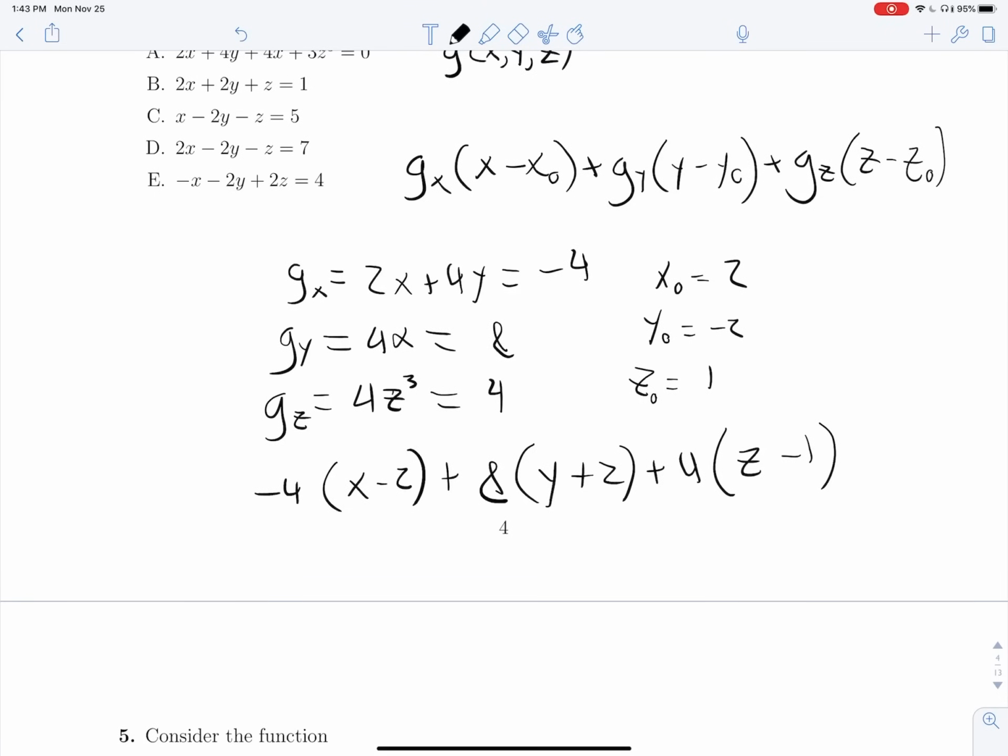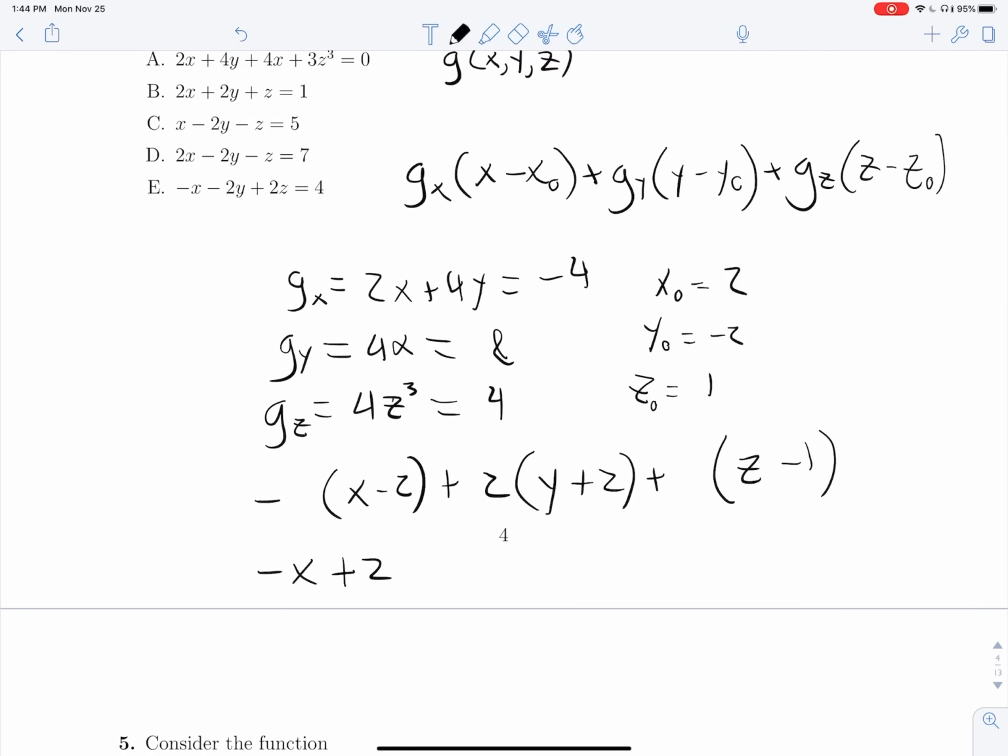So let's solve this. Right off the bat, we can divide everything by 4. That'll make our lives easier. This will be 2, this will be 1. So we will get negative x plus 2, plus 2y plus 4, plus z minus 1.